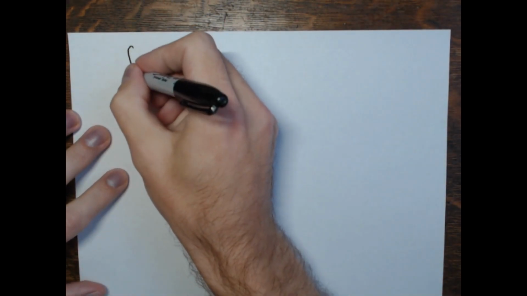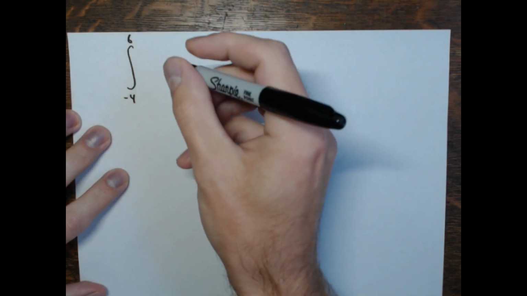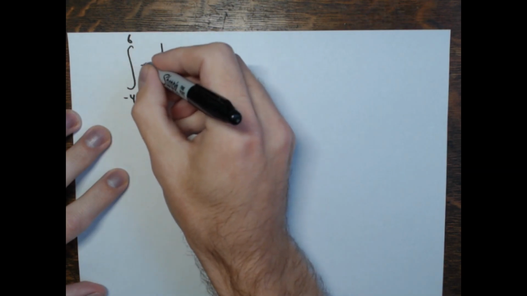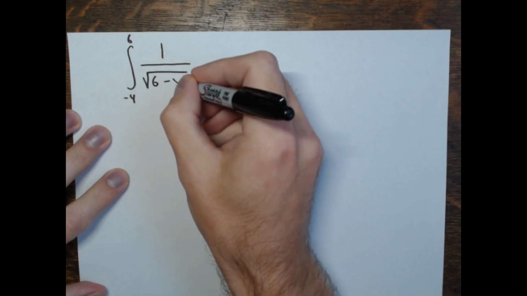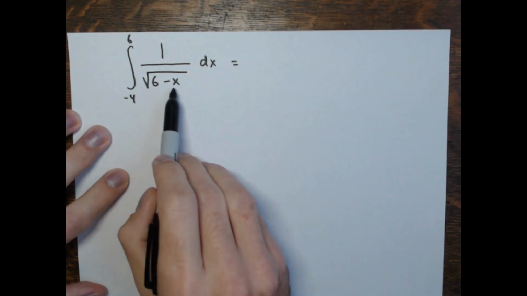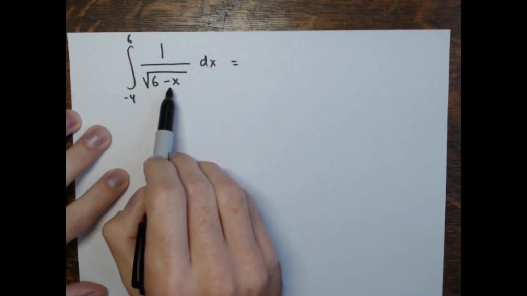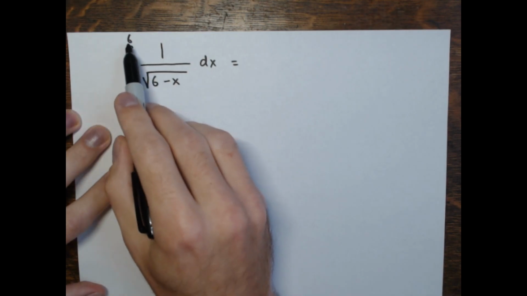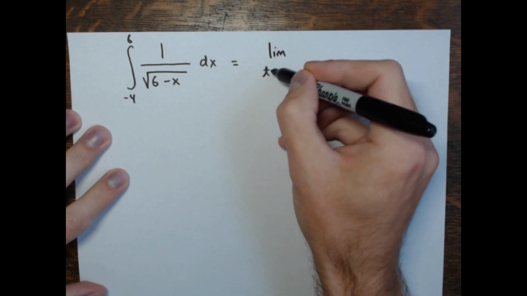So this integral, we have the integral from -4 to 6 of 1 over the square root of 6 minus x dx. Like I said, this function is clearly not continuous at 6, because that would make me divide by 0. So I'm going to replace 6 with t, and we'll take the limit as t approaches 6 from below.